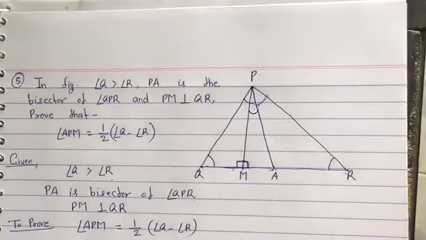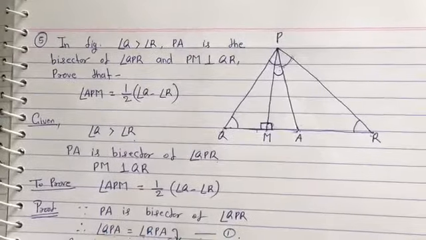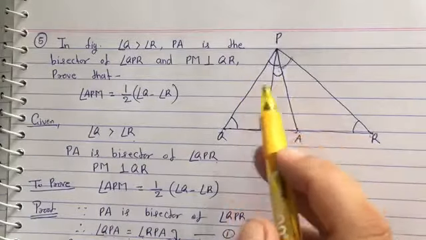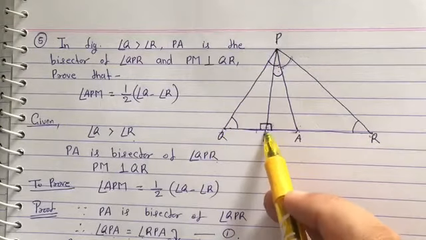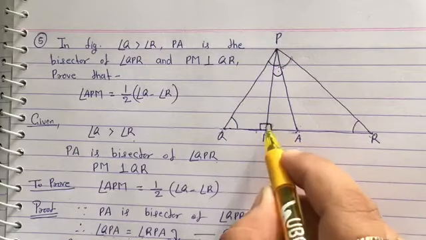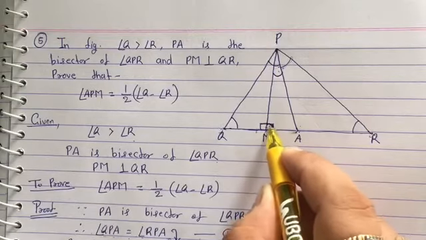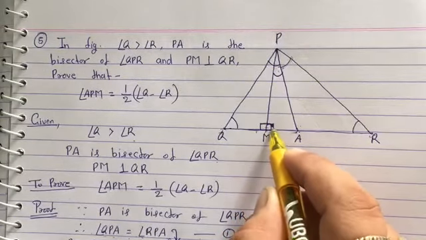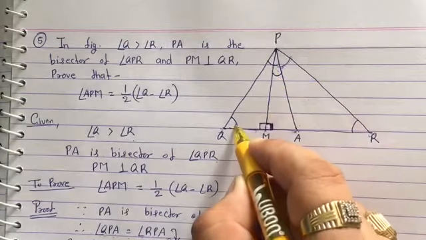Now the next thing we are going to do is use the exterior angle property here. In which triangle? In triangle PQM. For triangle PQM, this angle is the exterior angle. The measurement of this is 90. This angle is an exterior angle, and the exterior angle is equal to the sum of the interior opposite angles.